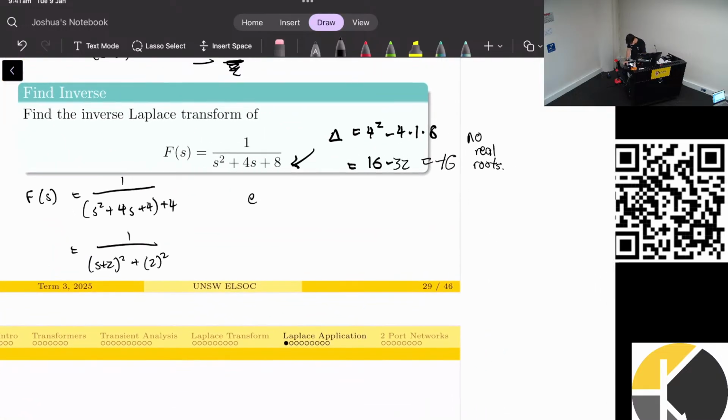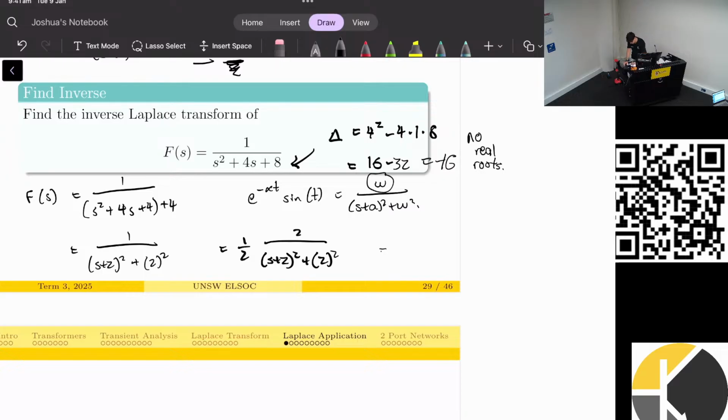So we'll use e^(-at) sin(ωt) equals ω on (s + a)² + ω². So we want the omega on the top. Omega is 2 in this case. So I'll factor out a half. And now we just have a one-to-one of that pair.